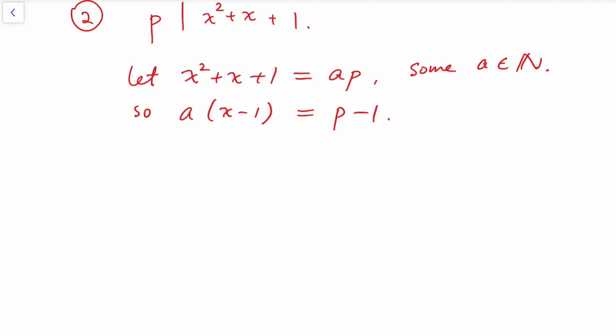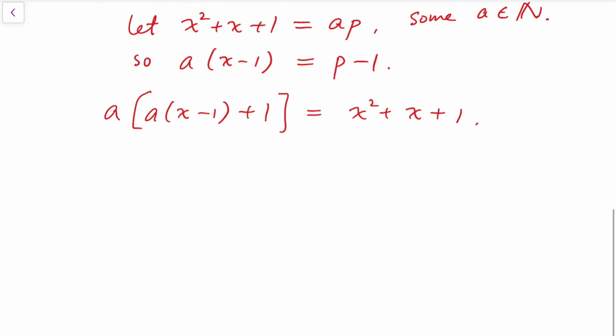Now, again, I'm going to put the two equations together. So a times x minus 1 plus 1 is equal to p, and then multiply that by a. That equals x squared plus x plus 1.